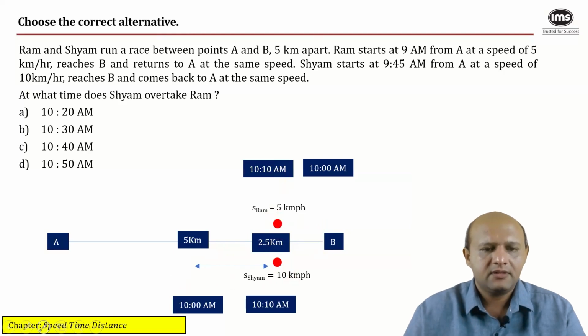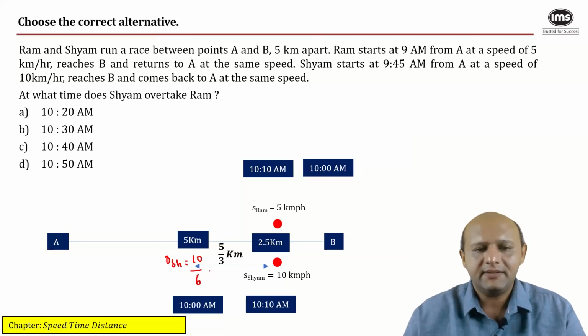So you have the first person covering a distance of 10 by 6. So the distance covered by Sham would be 10 divided by 6. So what is 10 by 6? 10 by 6 is 5 by 3. So this is the distance that he would cover.